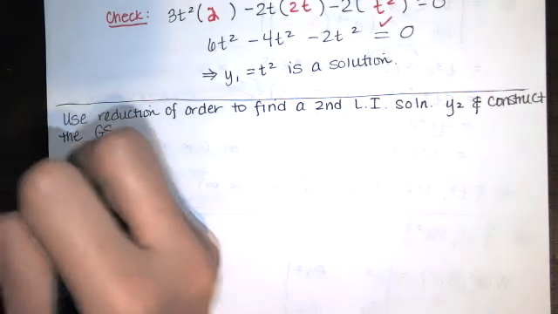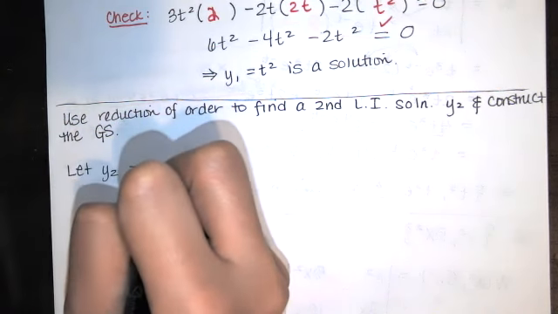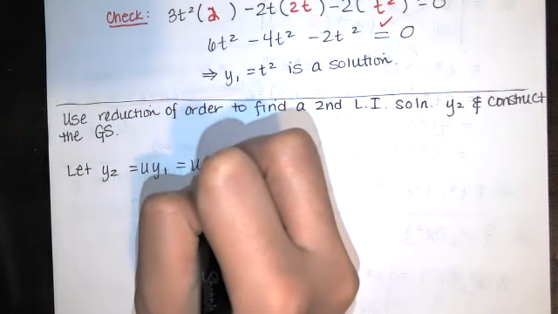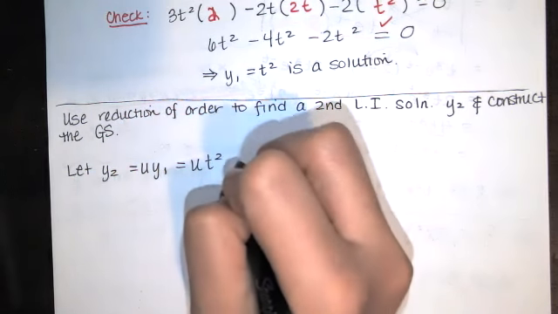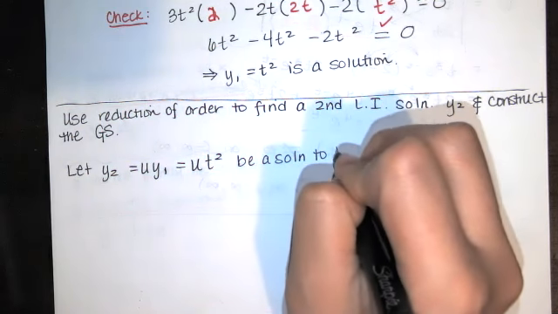Okay, so we're going to let y2 equal u times y1, which in this case is u times t squared, be a solution to the differential equation.